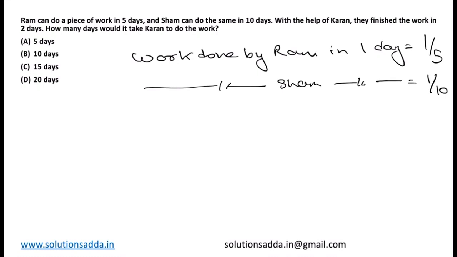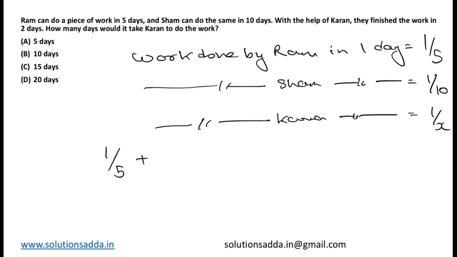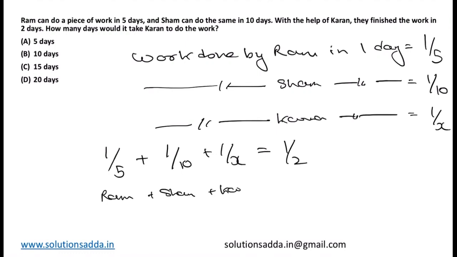So let work done by Karan in 1 day be 1 upon X. When they take help of Karan, the work is done in 2 days. So this implies 1 by 5 plus 1 by 10 plus 1 by X is equal to 1 by 2. That is Ram plus Sham plus Karan's work in 1 day.